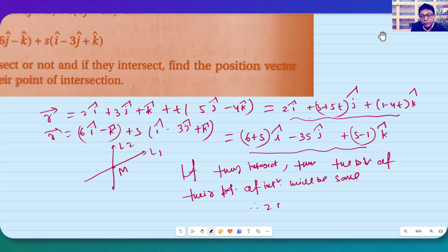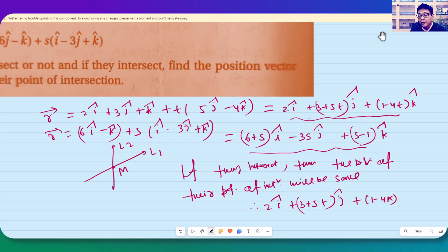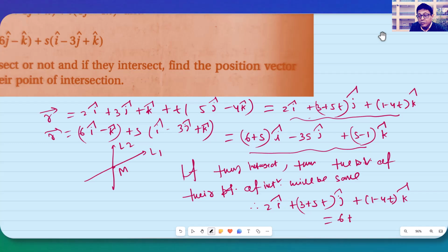So therefore 2i plus 3 plus 5t j plus 1 minus 4t k will be equal to 6 plus s i, minus 3s j plus s minus 1 k.